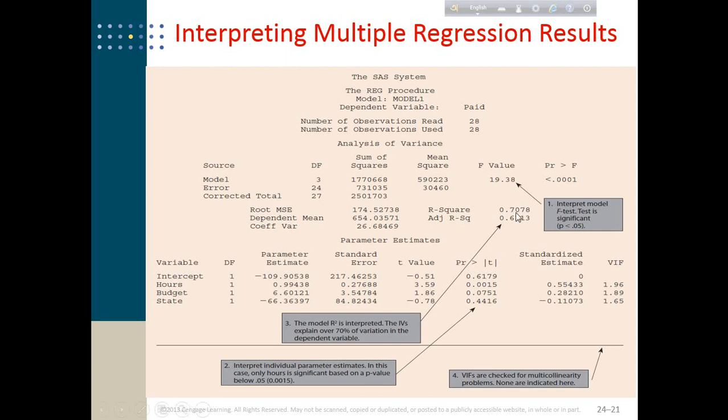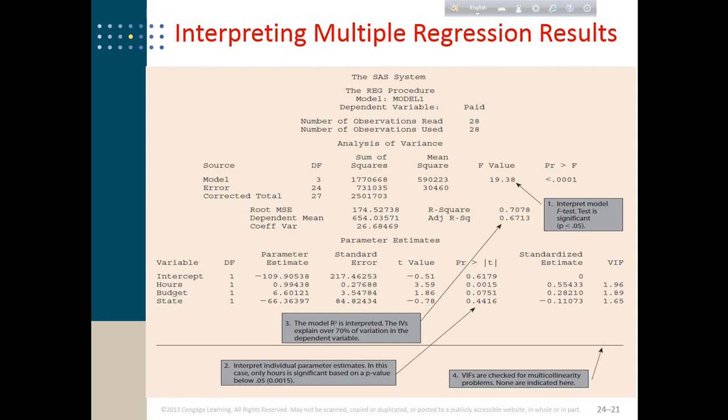For example, in this case, it indicates that 70% variation of the dependent variable is explained by the independent variables here. The second statistic we should look at is the F-statistic and its corresponding p-value. So you can see here F-statistic is 19.38 and p-value is less than 0.05. So the overall model is significant. Again, what's the meaning of overall model significance? Overall model is significant means our model has been able to substantially explain the dependent variable.